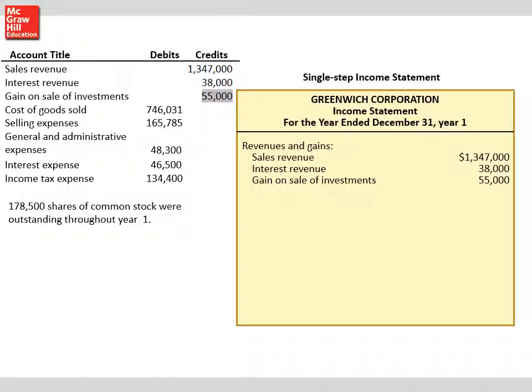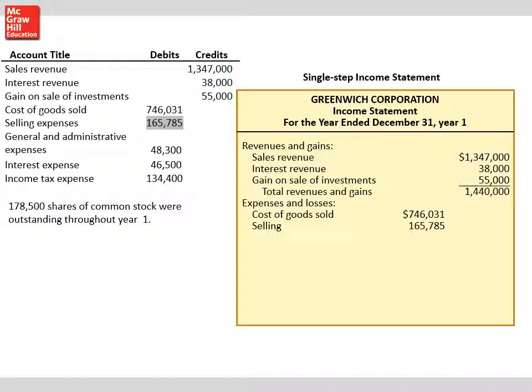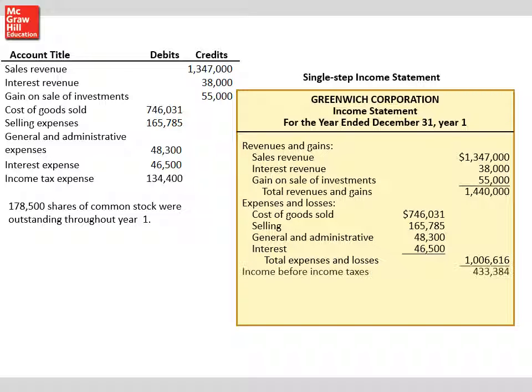So all the sales revenue, interest revenue, gain on sale of investments are listed first and totaled. Then all the expenses and losses are listed, cost of goods sold, selling expenses, general and administrative expenses, interest expense, and total expenses and losses. We subtract them and we get income before income taxes.